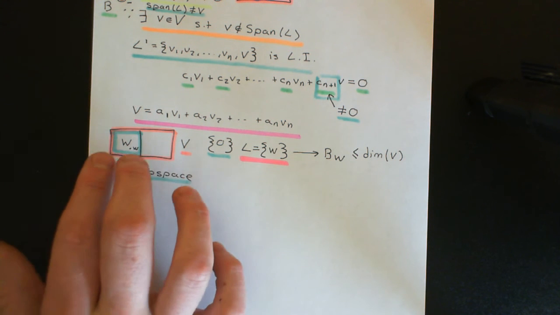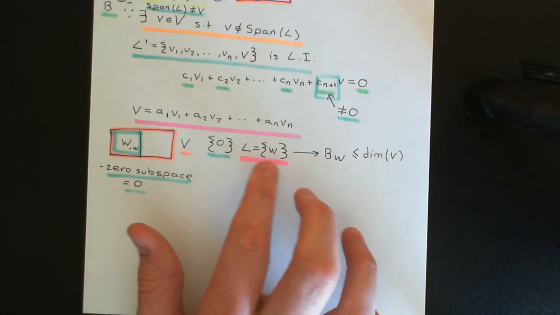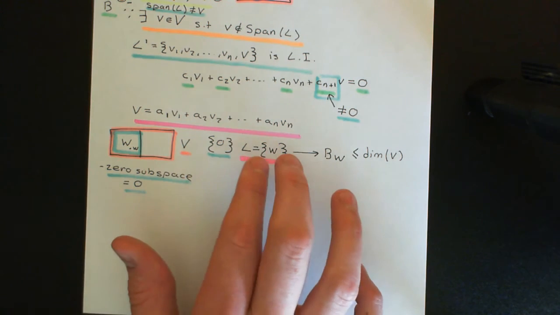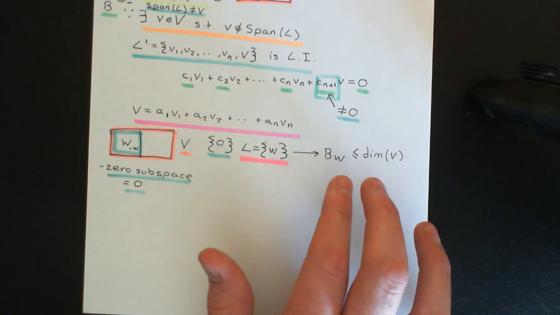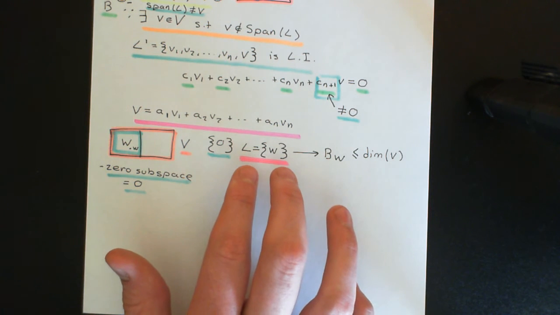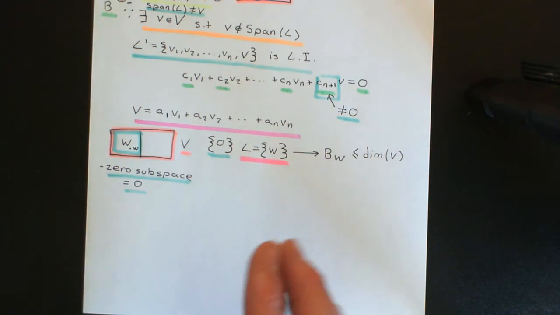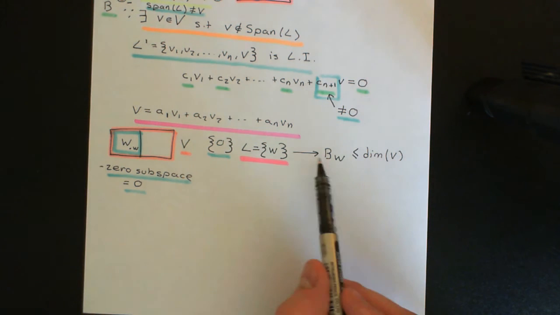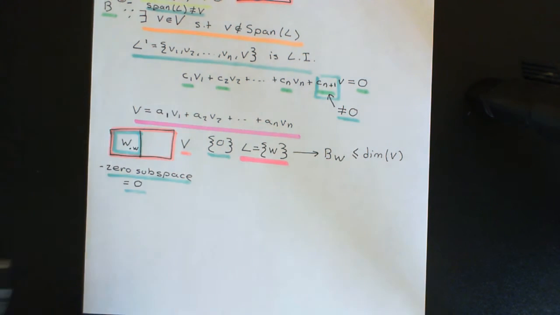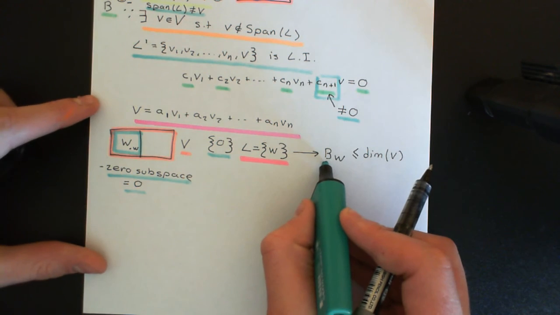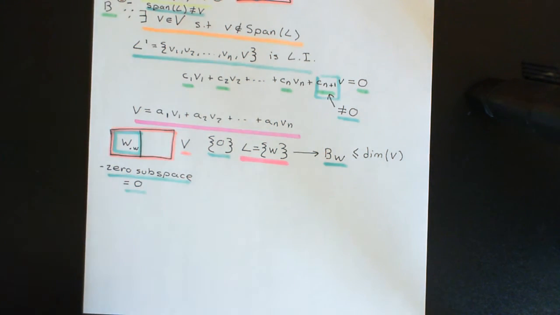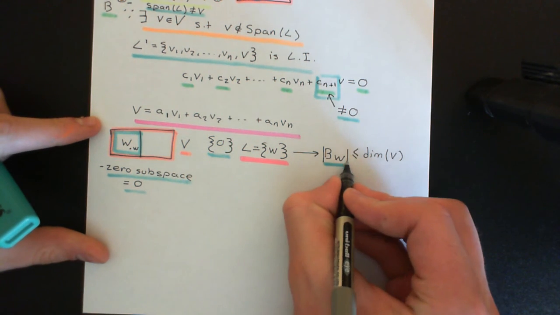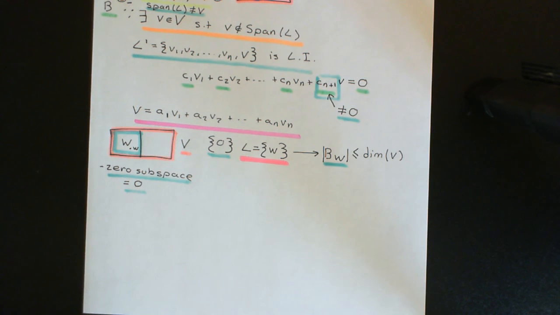So I'm now just going to extend this linearly independent set L up into a basis of W by adding more and more vectors outside of the span of L. All of those things that I construct are going to be linearly independent sets. I must eventually reach something that spans W, that will be the basis of W, and that must have order less than or equal to the dimension of V.